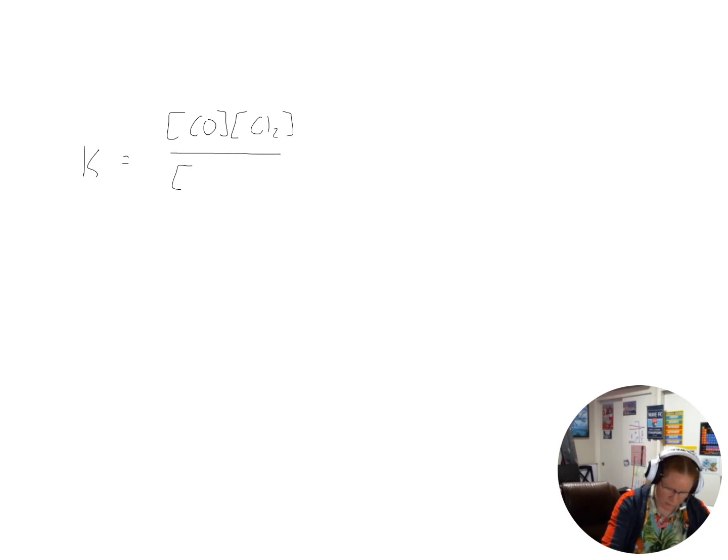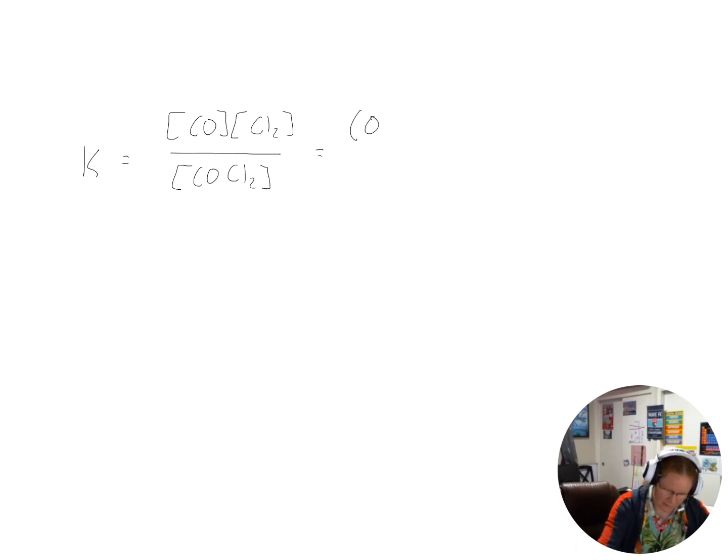All right, let's see how you did. So you're going to get an expression that looks like this. Everything's 1 to 1 to 1, so we don't have any coefficients to raise anything by.